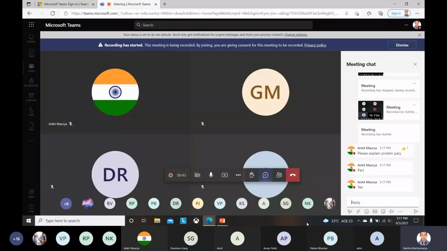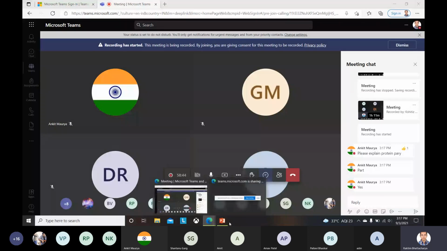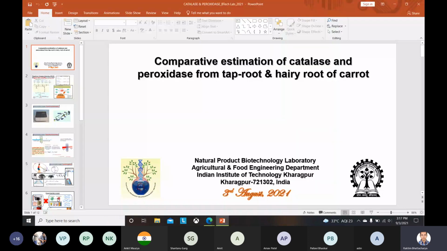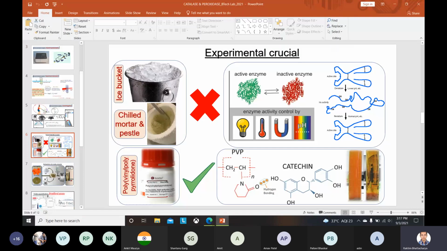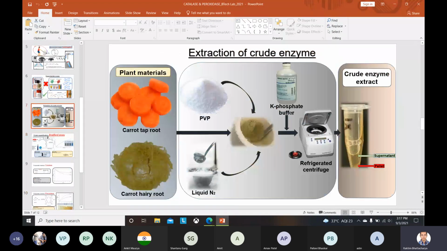Okay. See, most of the enzymes are actually protein in nature. They are proteinaceous in nature. Besides, the extraction buffer we are using, the potassium phosphate buffer, is also called the extraction buffer because the protein of our sample is being extracted in that buffer. Now this buffer varies from sample to sample. Not all plant materials will be compatible with this particular buffer. There are also other extraction buffers. So we need to check first whether the enzyme is actually extracted in this particular buffer or not.